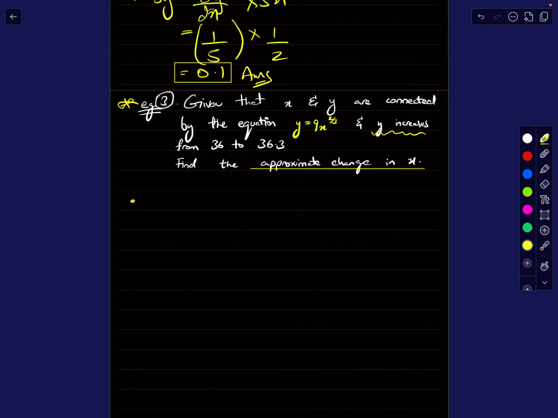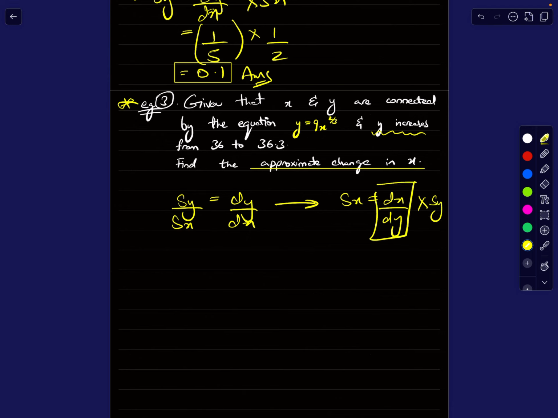So the steps are similar but kind of different. I taught you that δy over δx is equal to dy over dx. This is always going to be the concept. This time, since we need to find small change in x, I'll rearrange this formula and I'll get δx is equal to dx over dy multiplied by small change in y. Mind you, not to be confused with this, since this is simply the reciprocal of dy over dx.